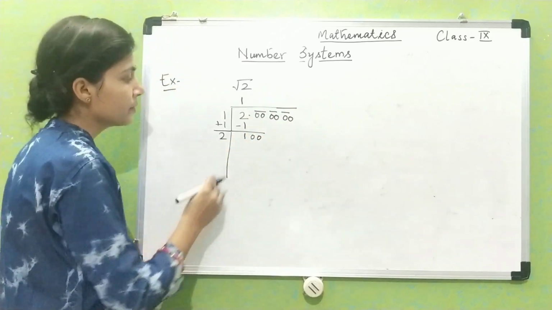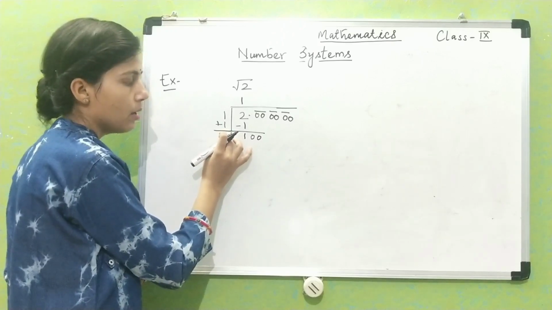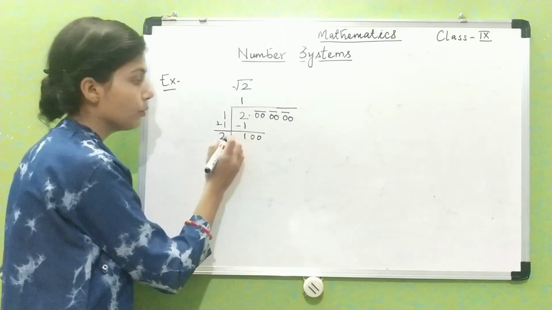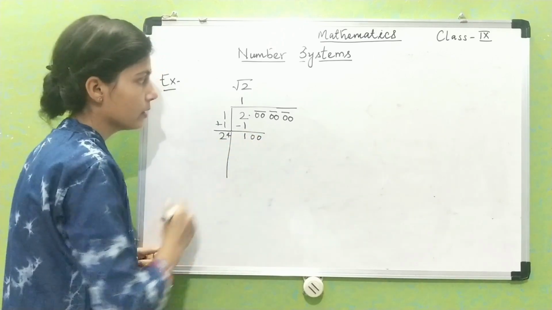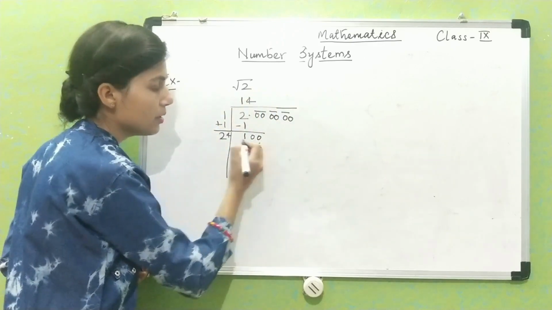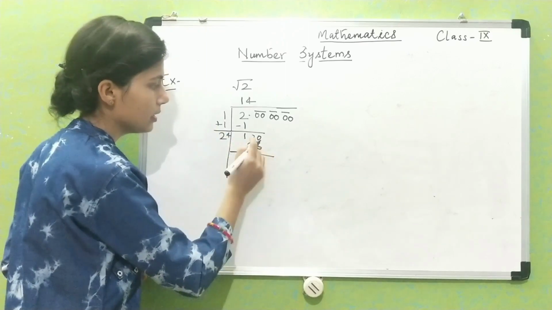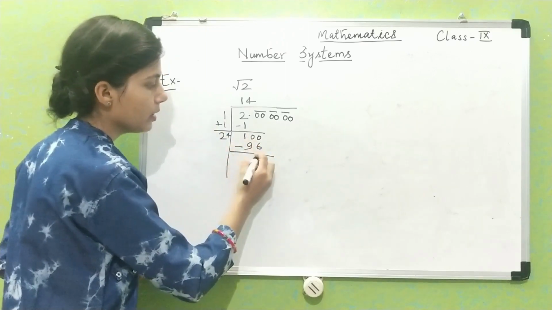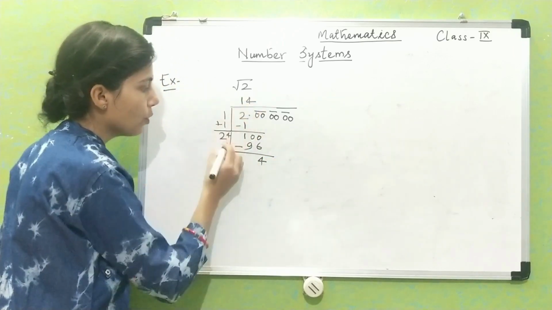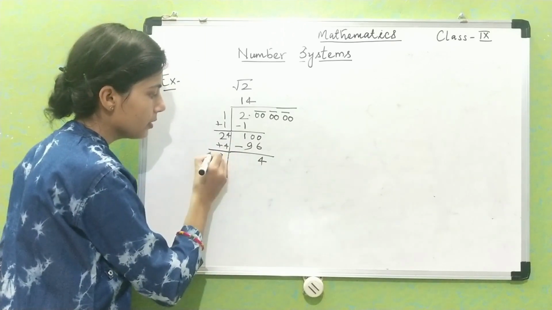Now you have to choose a digit which, when multiplied, comes less than 100. So we take 4 here. 4 4s are 16, 1 carry, 4 2s are 8 plus 1, 96, that is less than 100. So the remainder will come as 4. Now this 4 you have to add up here. 4, 4, 8, 2.